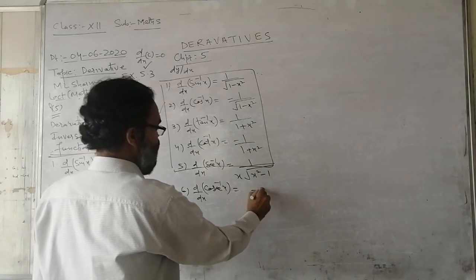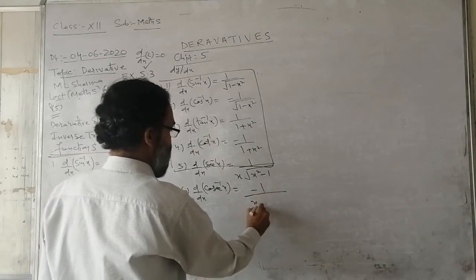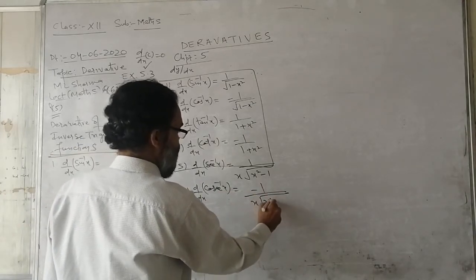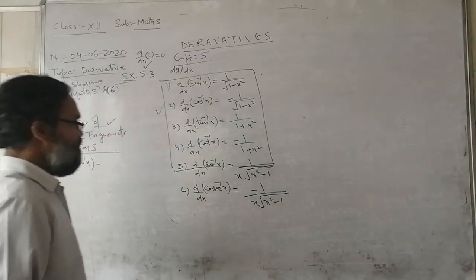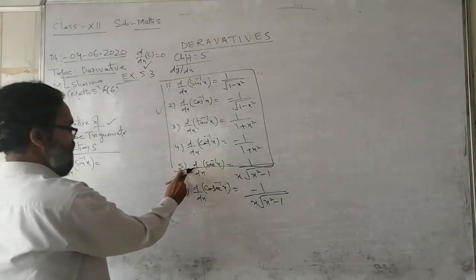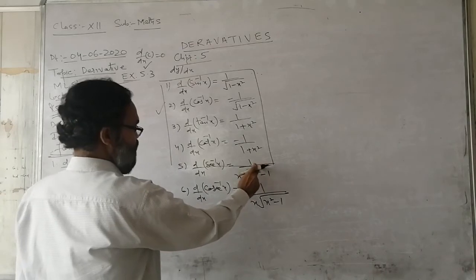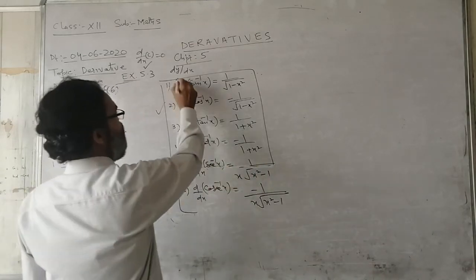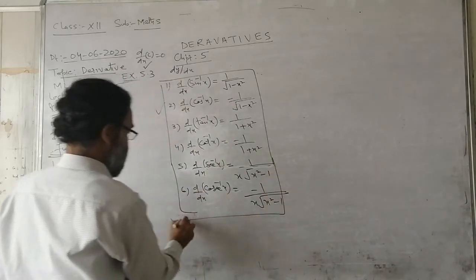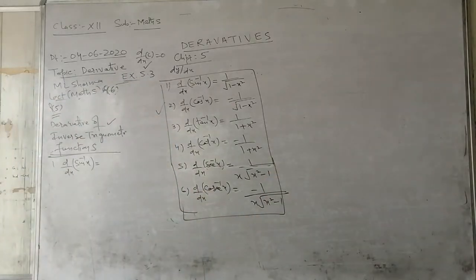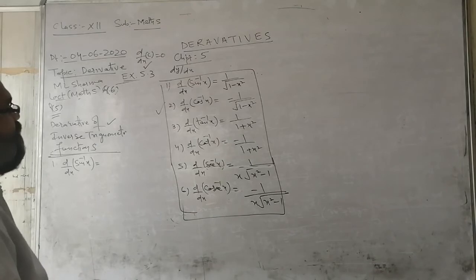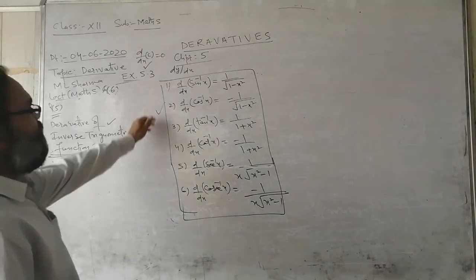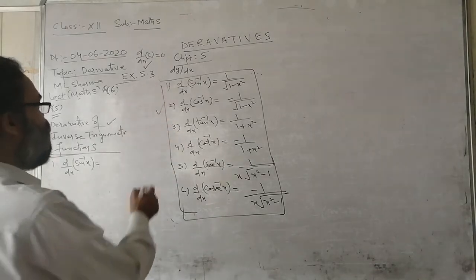This is minus times that. So these are the six formulas which are the derivatives of inverse trigonometry functions. So these formulas are used while solving the questions. Their proofs are very simple to prove. We can prove them.